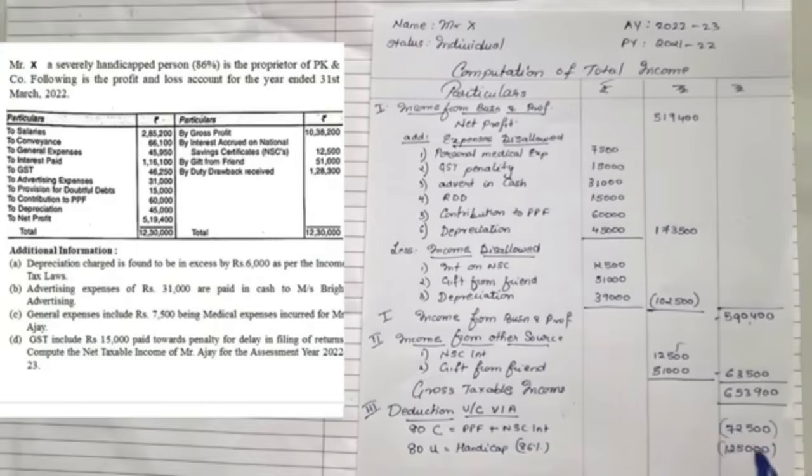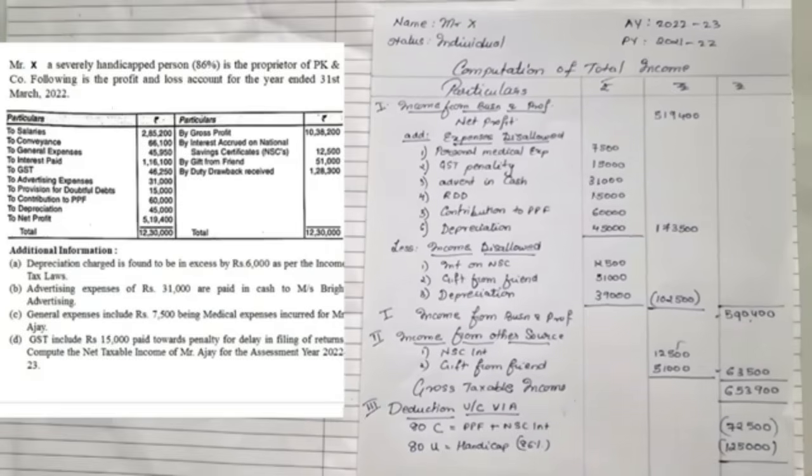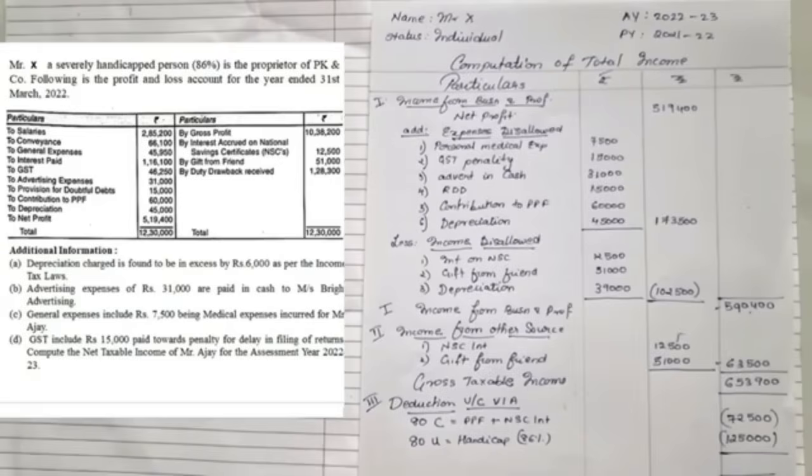So that's it. There are two deductions. From gross total income, when I subtract both my deductions, I will get the final answer, the net taxable income, amounting to 4,56,400. That's our final answer.